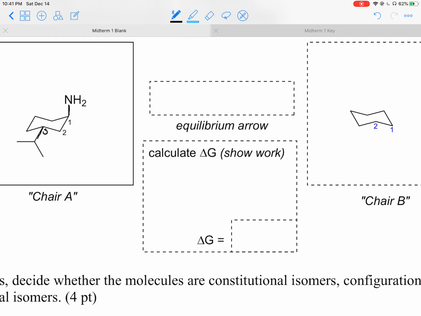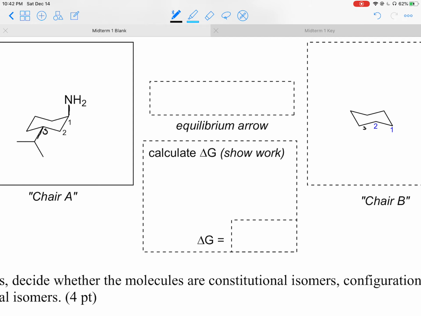So if delta G is positive, it's going to be mostly going towards the left, and a little bit to the right, because we want to proceed in the direction where delta G will be negative. Anyways, okay, so for chair B, this is number 3.